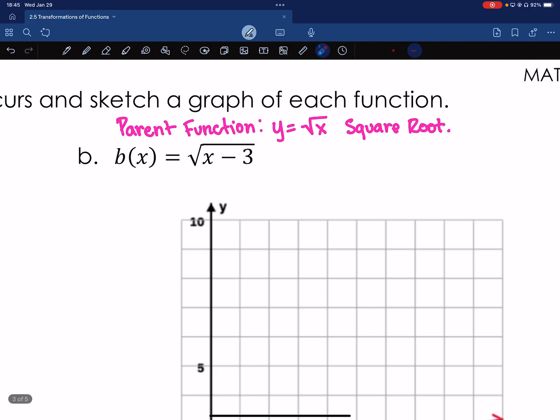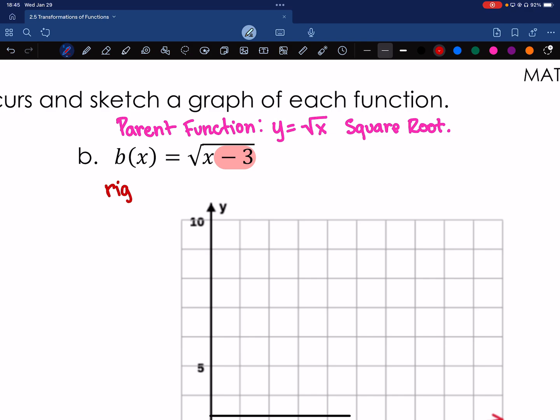So notice how the number is on the inside of the radical. If there was a vertical transformation, it would be on the outside of the radical, something over here. So inside, when it's on the inside like it is, that's how you know that it's moving left or right. And so since it's moving left or right, we have to think opposite of what it looks like. So it looks like it's a -3, but really we know that that means it's going in the positive direction.